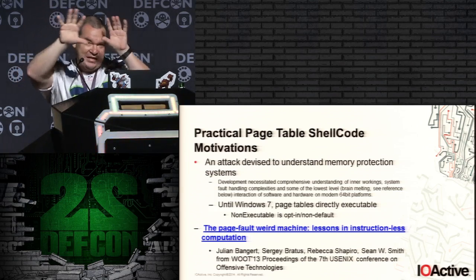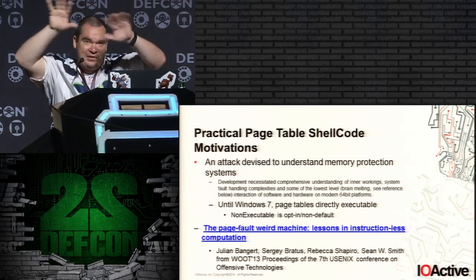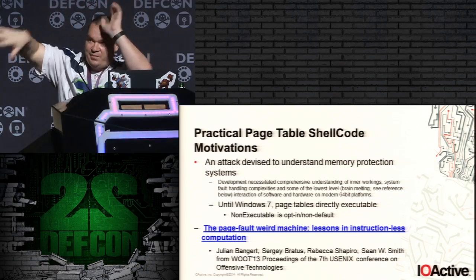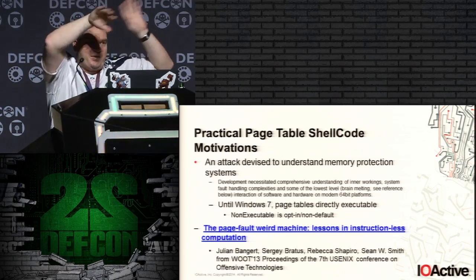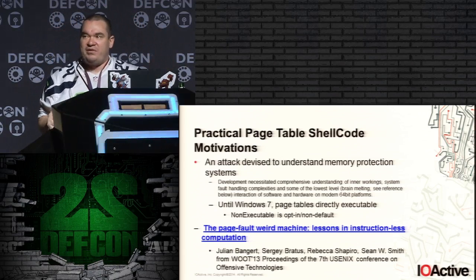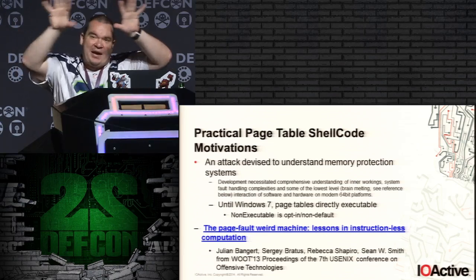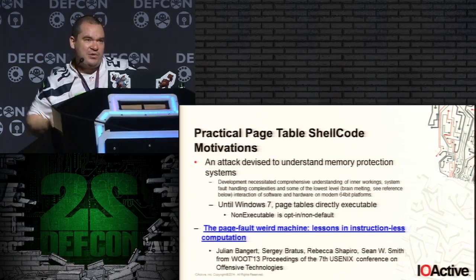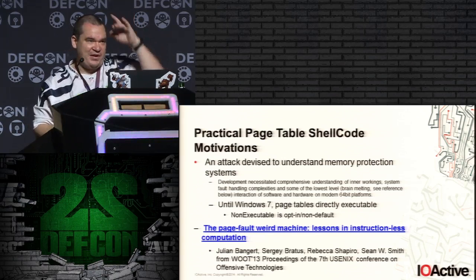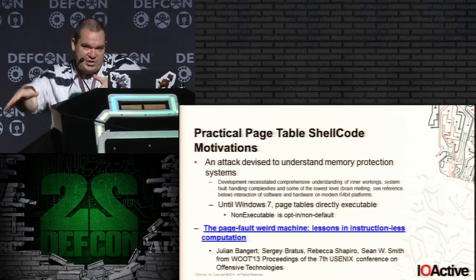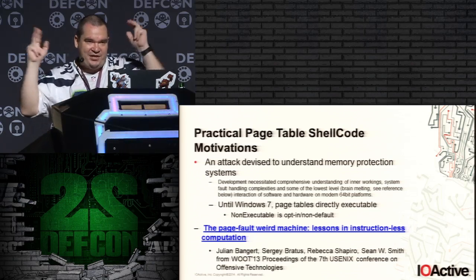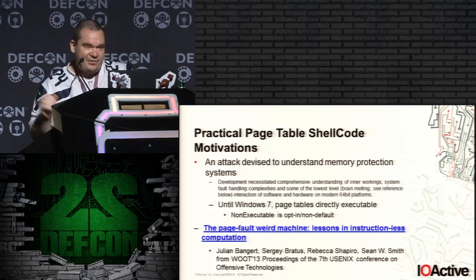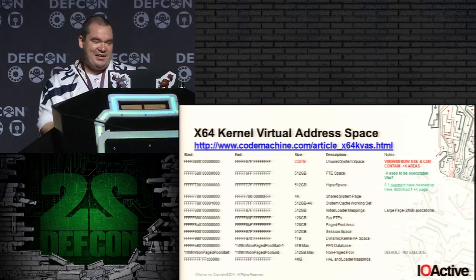So the faulting itself in the CPU, that would normally be bringing pages in and dealing with invalid instructions and these sorts of things, that interaction actually read and wrote memory. So all you need is the primitive to read and write memory, and you can coerce that into a weird machine. And they wrote a little compiler for it. It's pretty amazing stuff.